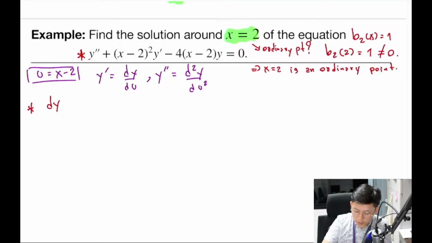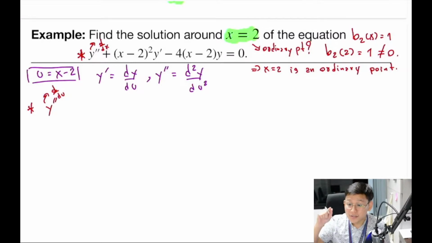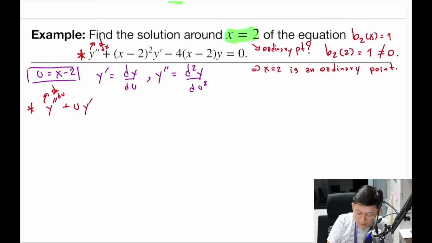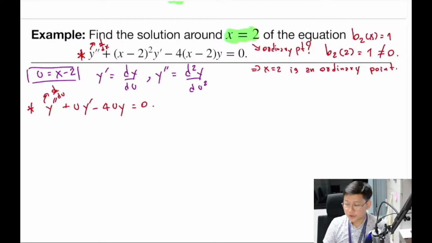Or to make it even easier, I can write down just y double prime, because y double prime here is d by dx, right? But y double prime here is d by du, but it doesn't really matter, they are the same. Plus x minus 2, that is u, and then y prime, that is the same, because dy by dx is the same as dy by du, minus 4u, and then y equals 0.